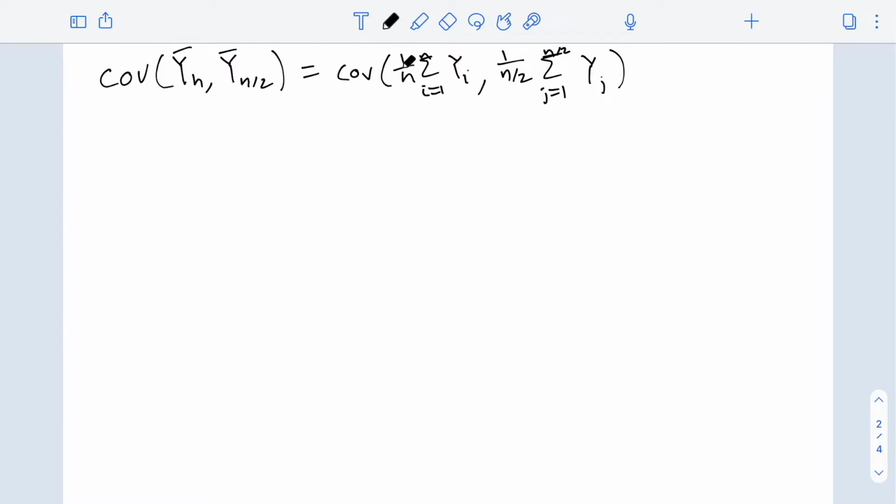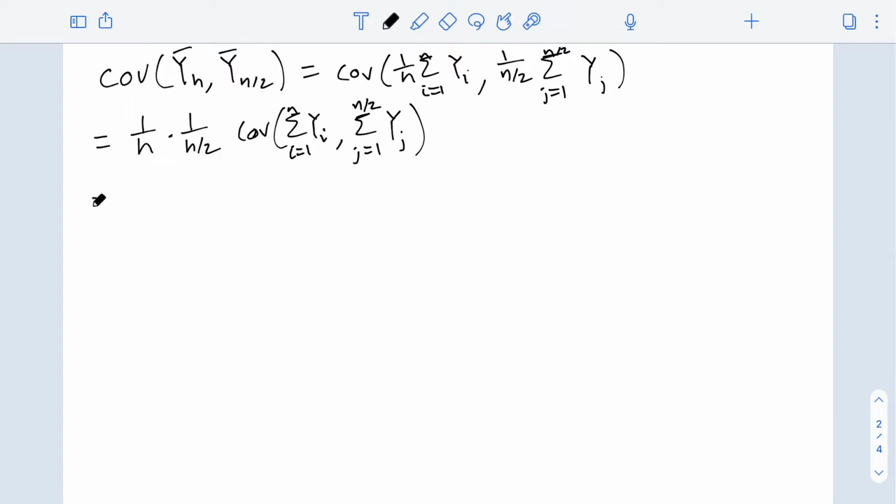So again, we can factor out these two. So we get that this is equal to 1 over n times 1 over n over 2, covariance of, again, the sum i equals 1 to n, yi, sum j equals 1 to n over 2, yj. And now the covariance actually distributes over sums, so it turns out we can move both of these sums to the outside.